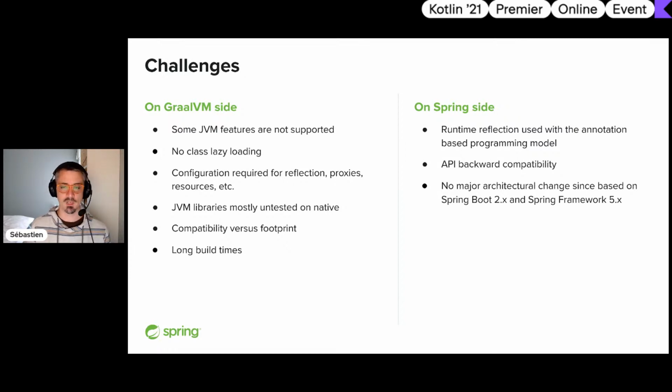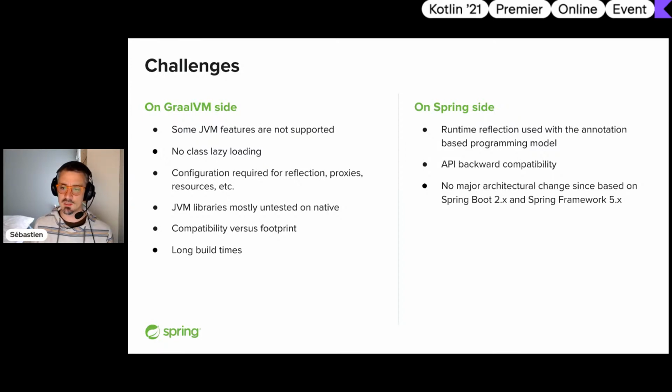So that's an issue. On the Spring side, a typical Spring Boot application uses an annotation-based programming model. So it is using runtime reflection to analyze this programming model, and that requires a lot of configuration on the GraalVM side.